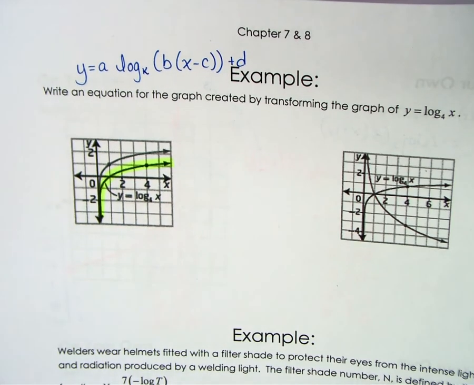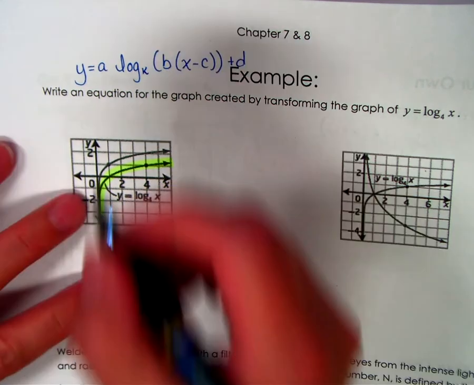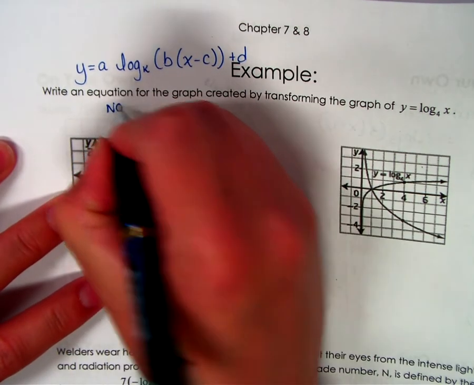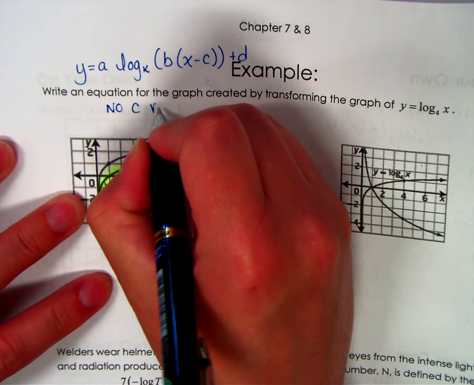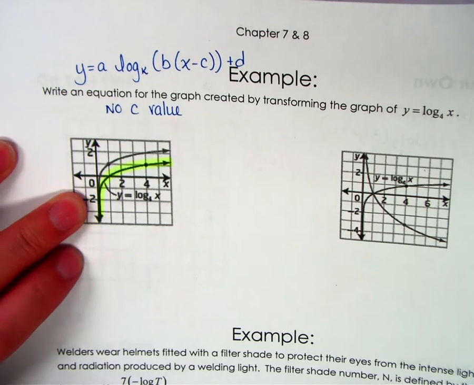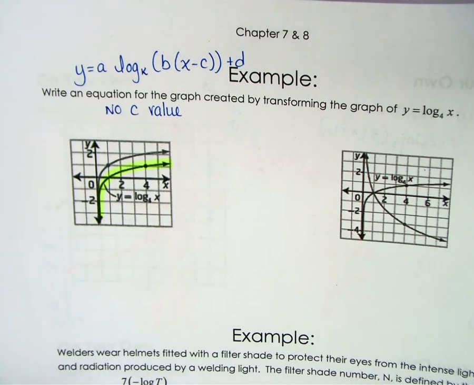Fair. Okay, so what do we know right now? We have no horizontal shifts, so we have no C. And we know that because the asymptote hasn't changed at all.